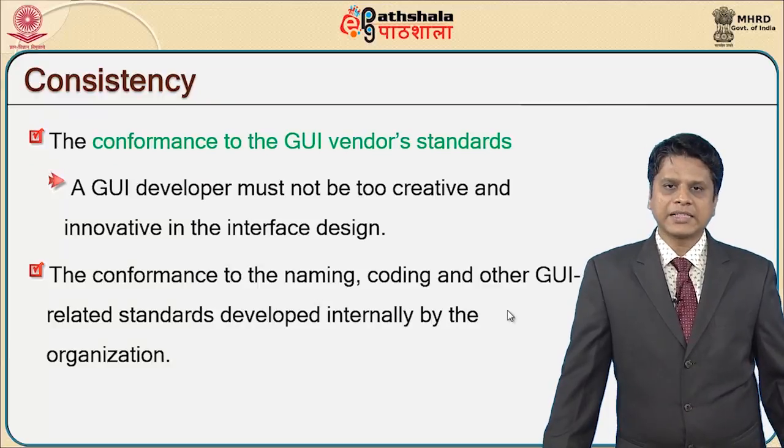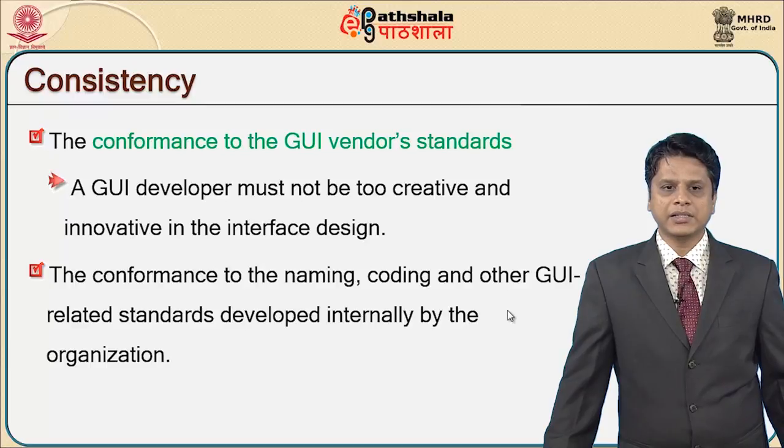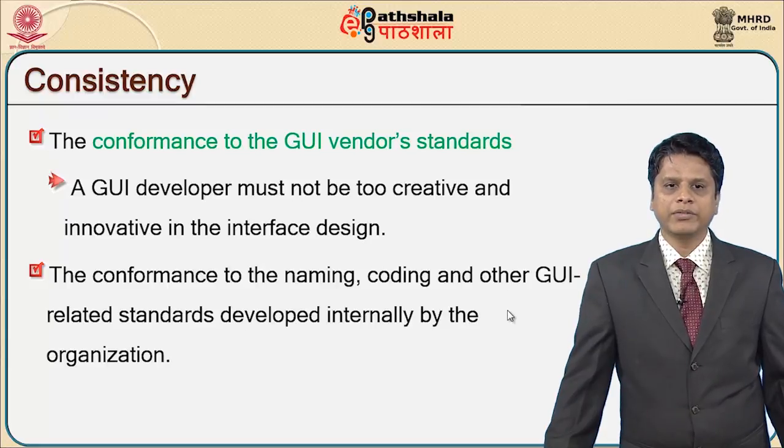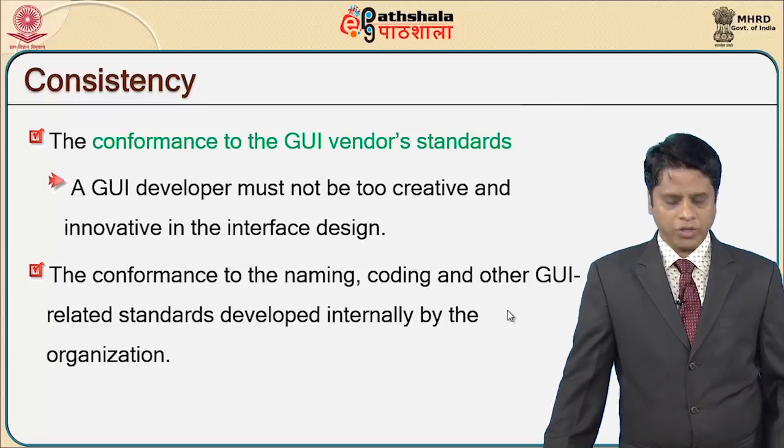And if you look at consistency to be maintained, there is conformance to graphical user interface vendor standards; a GUI developer must not be too creative and innovative in the interface design. There is also conformance to the naming, coding and other GUI related standards developed internally by the organization.